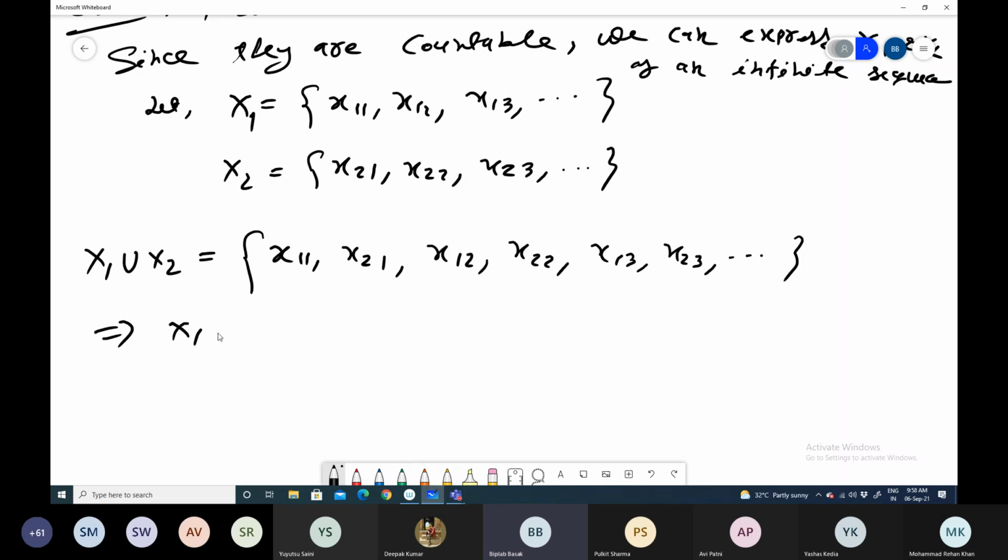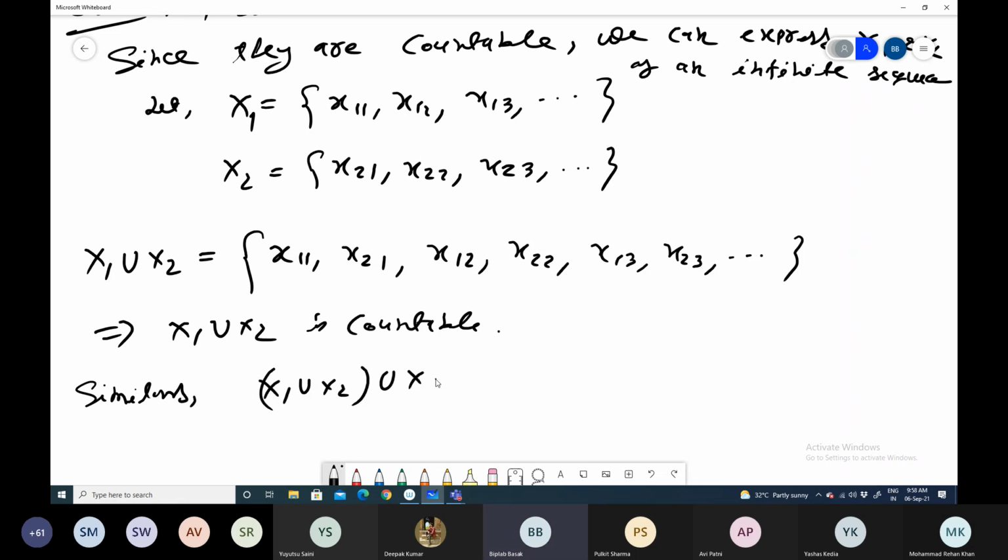So that implies x1 union x2 is countable. And similarly, we can prove that x1 union x2 union x3 is countable. And after finite steps, we can prove that x1 union x2 union ... union xn is countable.